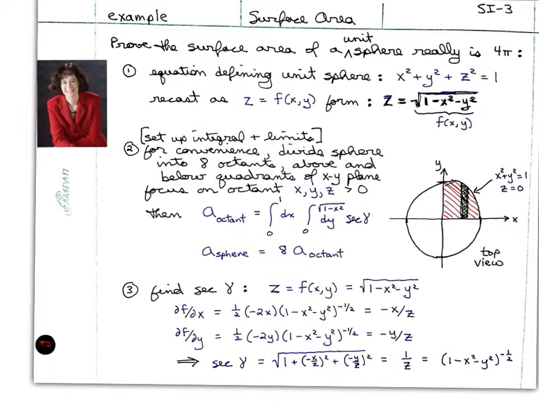And in fact, each of the 4 equal parts of the half sphere that's above the xy plane would give the same answer. We're going to focus on the octant of the sphere that has x, y, and z coordinates all positive. And the answer that we get for the surface area of that octant multiplied by 8 will be the full answer for the sphere.